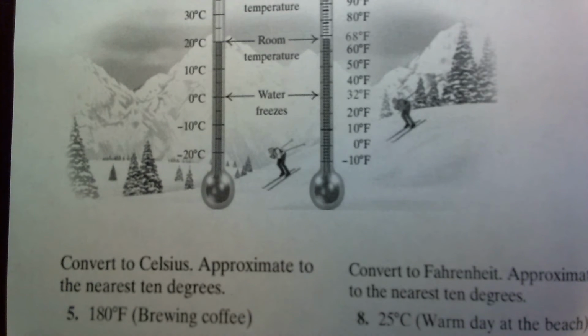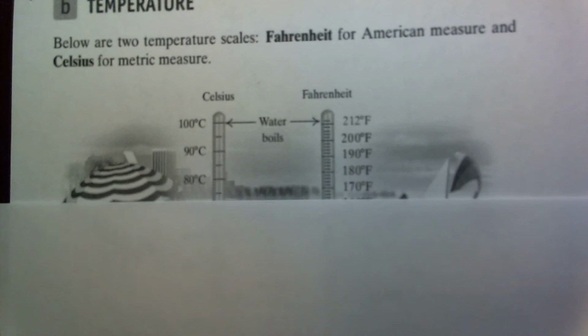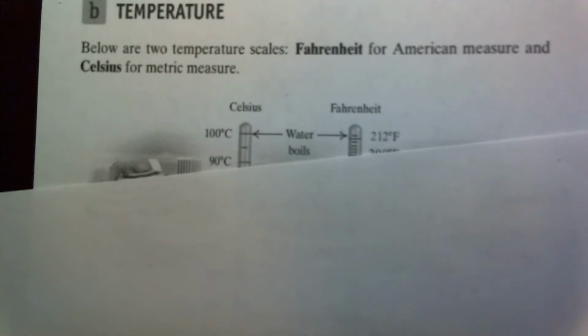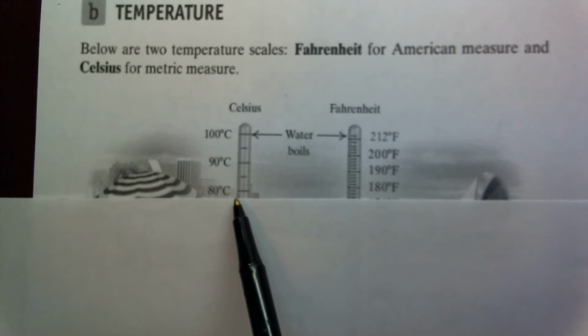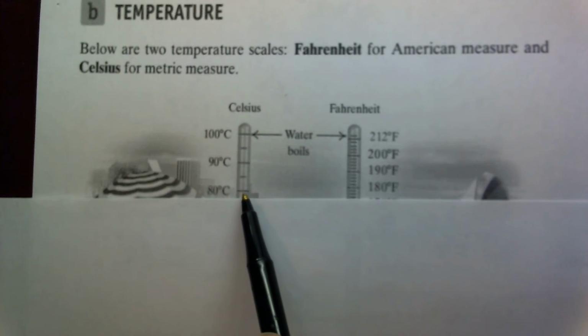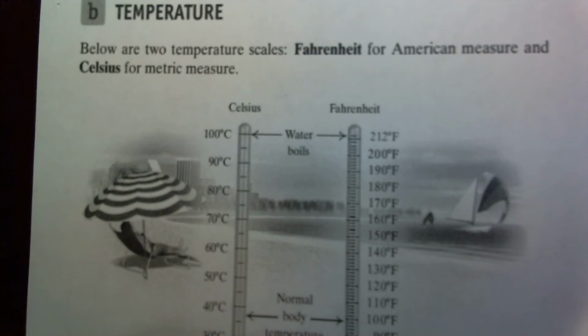So for exercise 5, 180 degrees Fahrenheit, we use the scale, and so 180 degrees Fahrenheit is equal to about 80 degrees Celsius.